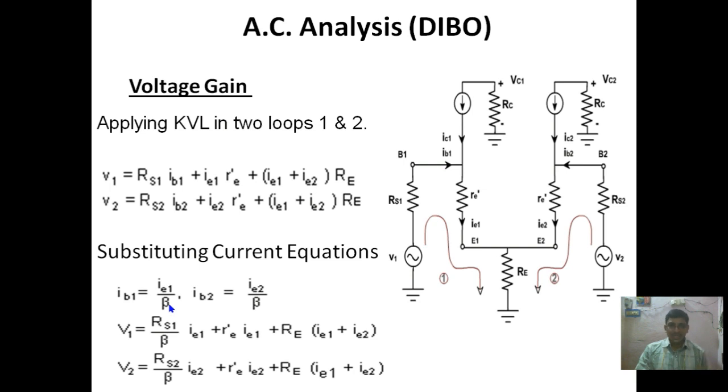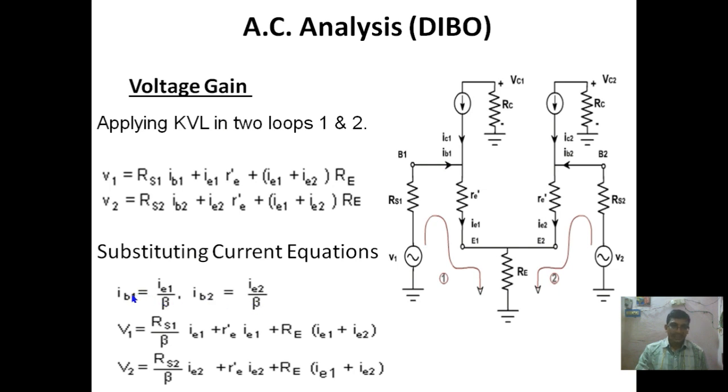The actual equation is beta is equal to IC by IB. If we rearrange the equation, IB is equal to IC by beta, but IC is approximately equal to IE. So IB1 can be written as IE1 by beta. Similarly, the IB2 current is also written as IE2 by beta.